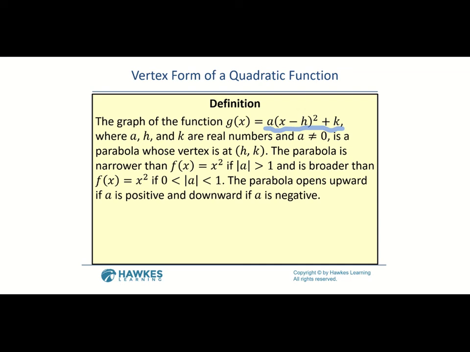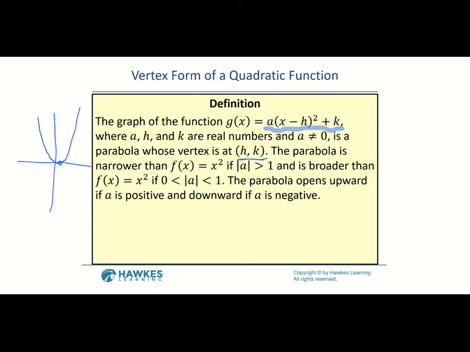A can never be 0 because 0 times anything is 0, so that would not make it a quadratic. When we graph a quadratic, the parabola is that U shape. The vertex is either the minimum or the maximum point of that parabola, and the vertex is always labeled (h, k).